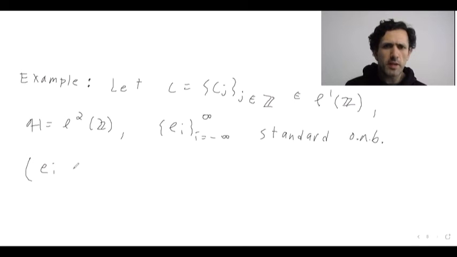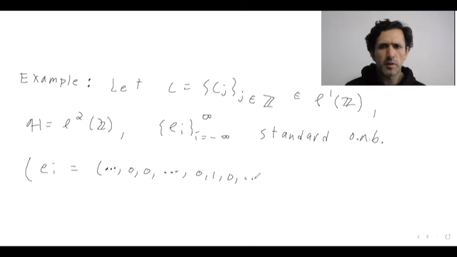All I mean here is that e_i equals a whole bunch of zeros, except we have a one in the ith spot. You can check, this is an orthonormal basis.